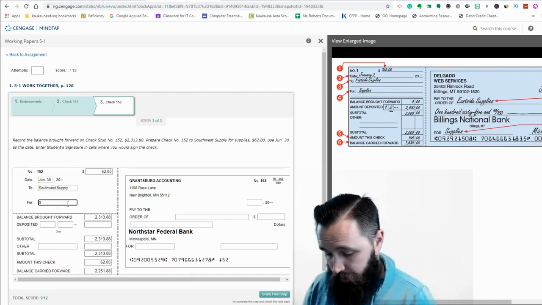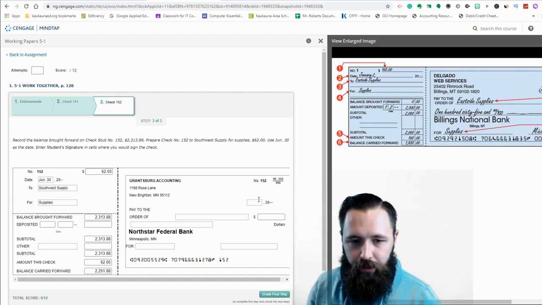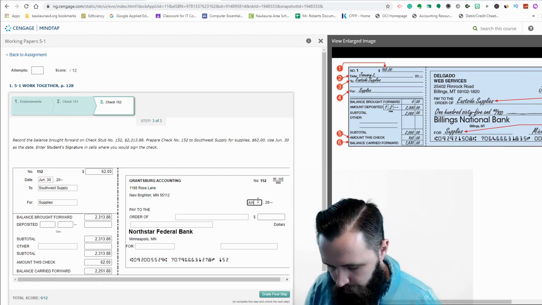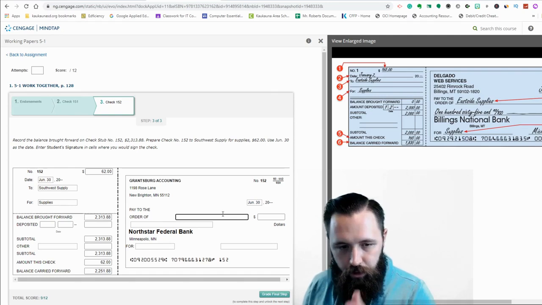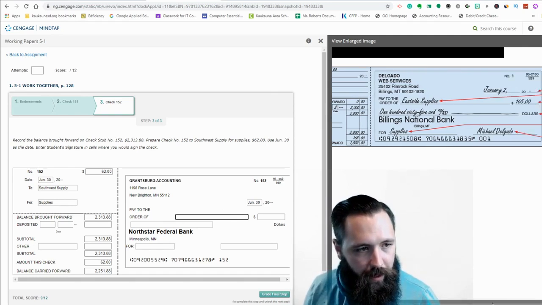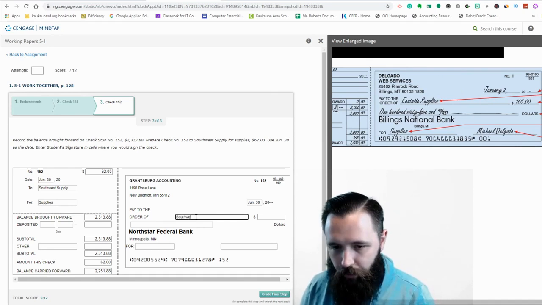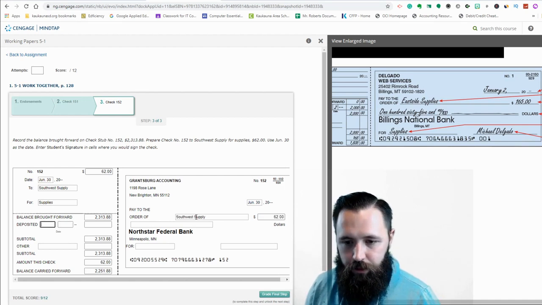It's for supplies. Okay, so that's all calculated there. Let's put in June 30th. And we're just transferring this information over, right? Who's it to? It's to Southwest Supply. What's the dollar amount? 62.